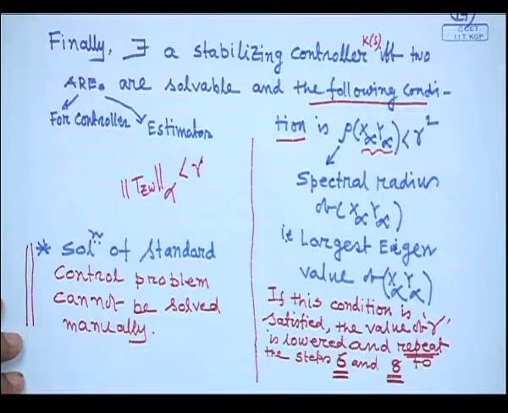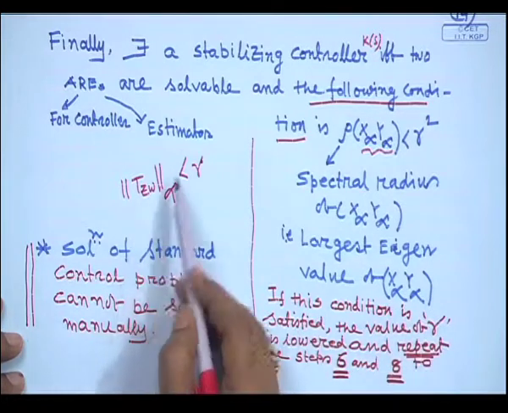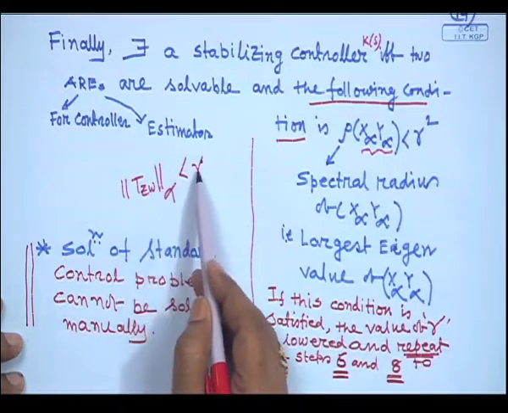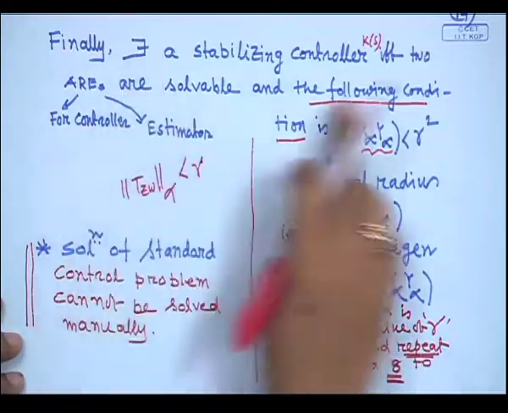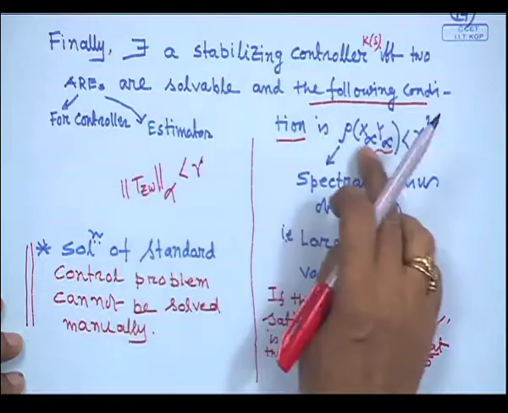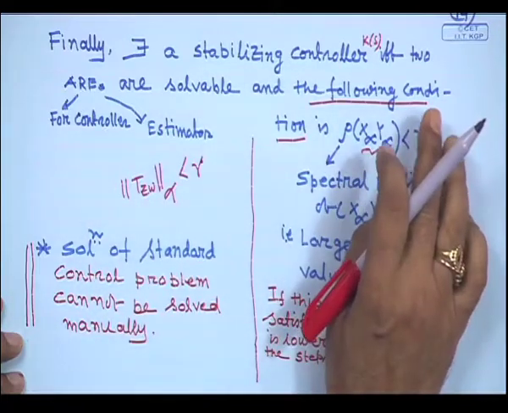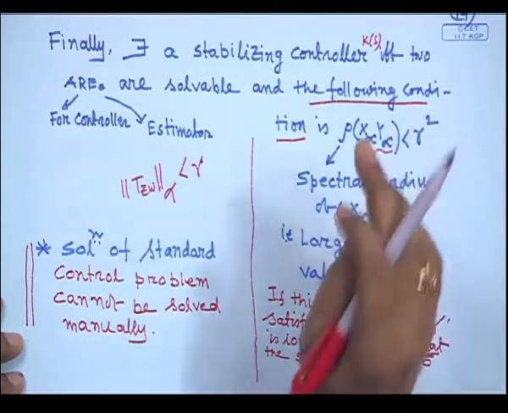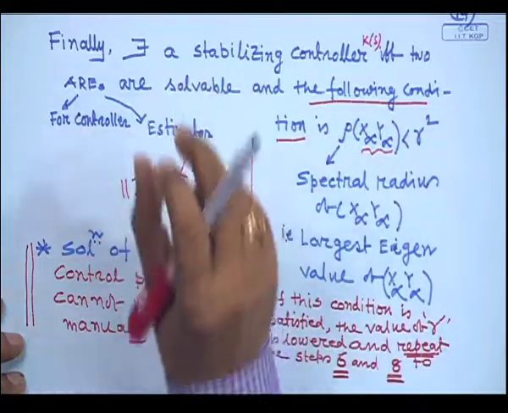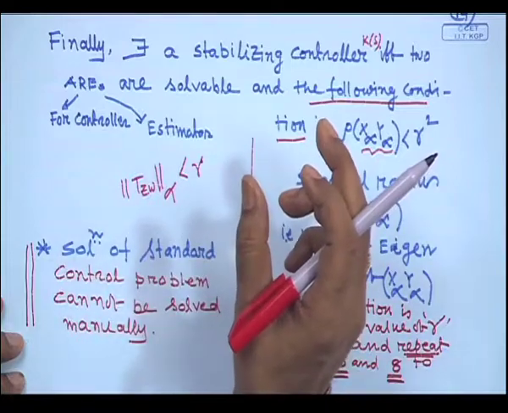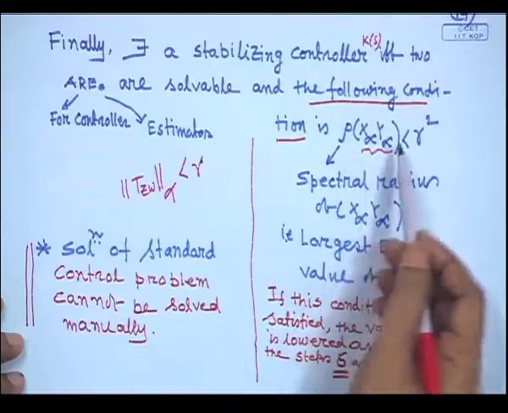Initially you have a large value of gamma, and we got this solution, let us say this condition is satisfied. Then you can reduce the gamma value, and again solve the two Riccati equations, find out the controller gain and the observer or estimator gain, agree, and then again you check these two conditions.